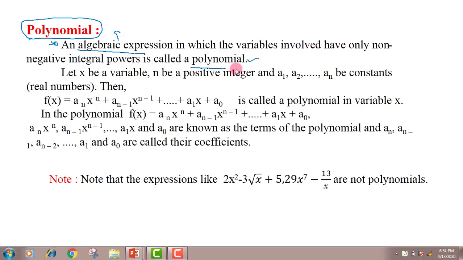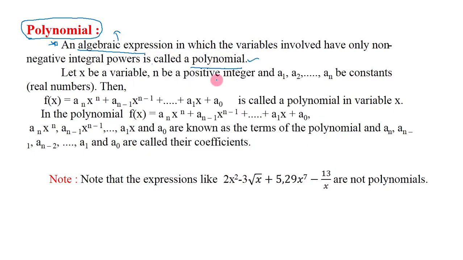If you observe this example, 2x square plus 3x to the power of minus 3. This is an algebraic expression, no doubt. But can we call it a polynomial? We cannot. Why?